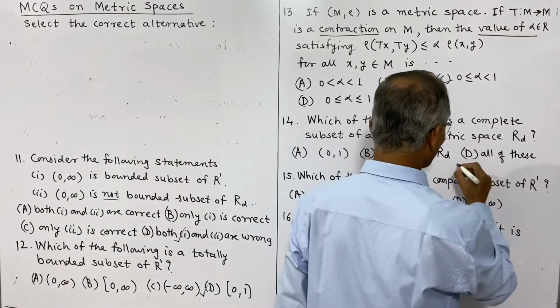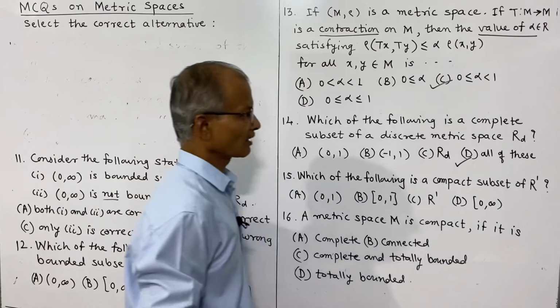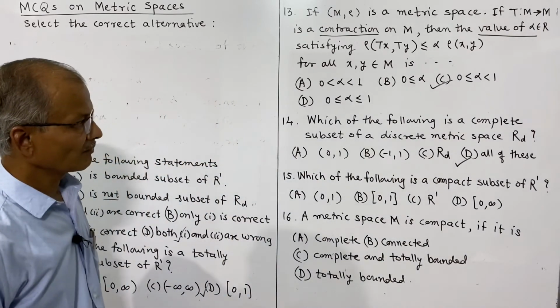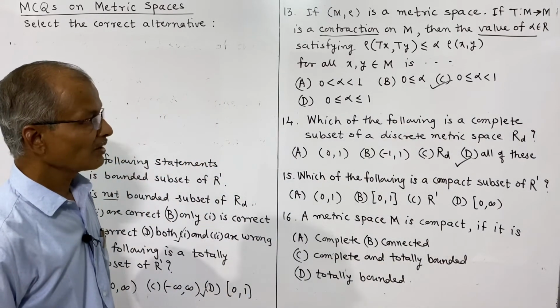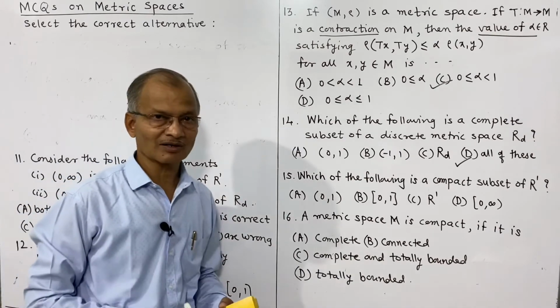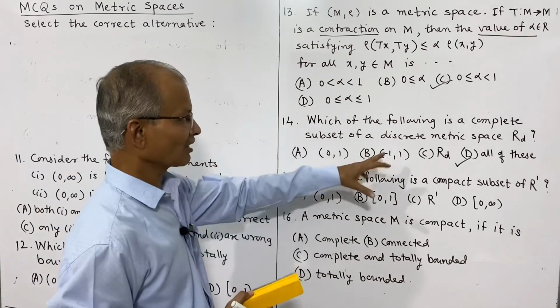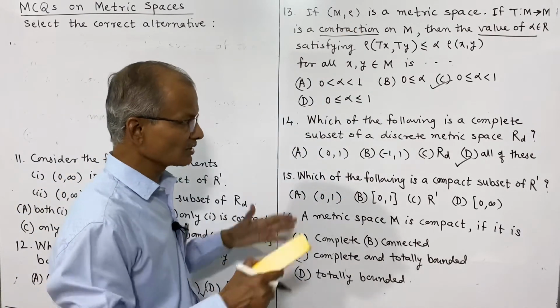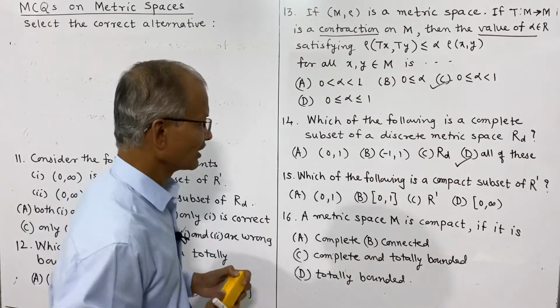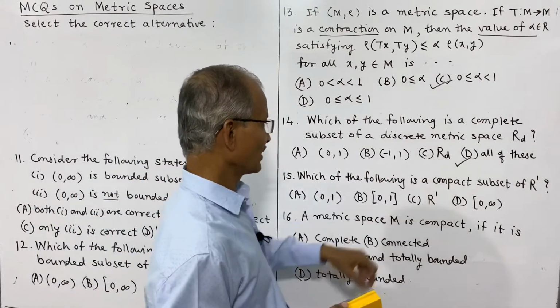If you consider R1, then these two are not complete. Only the closed interval will be complete, but in RD it is complete.